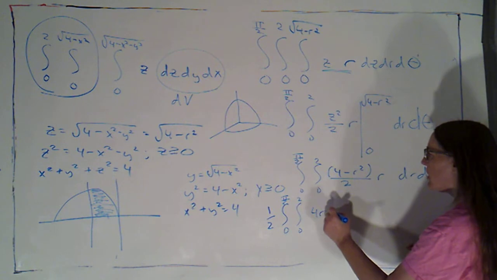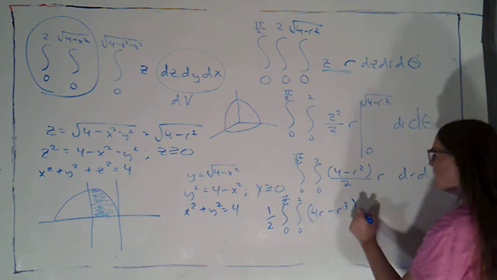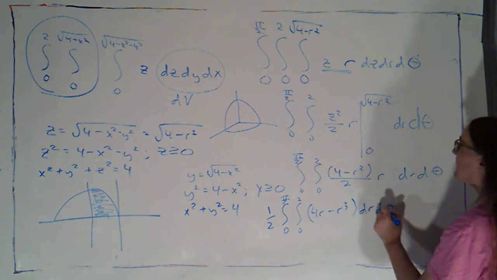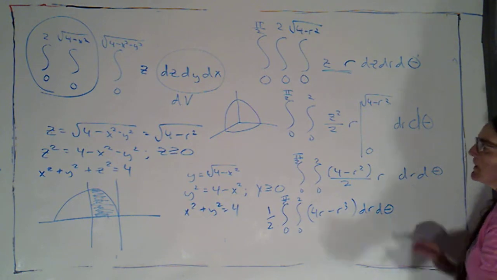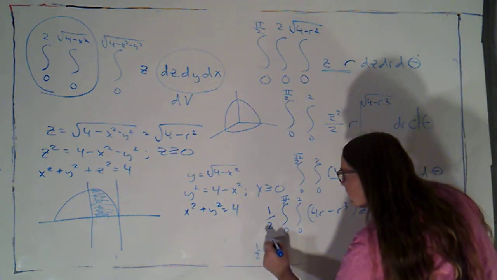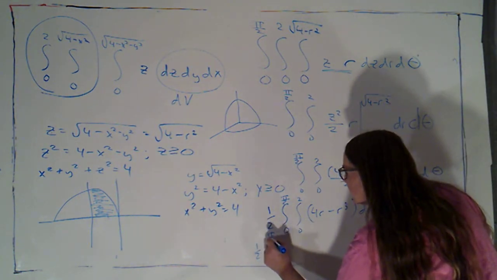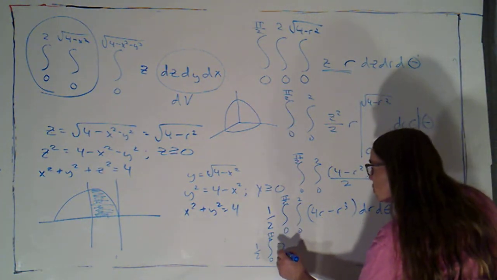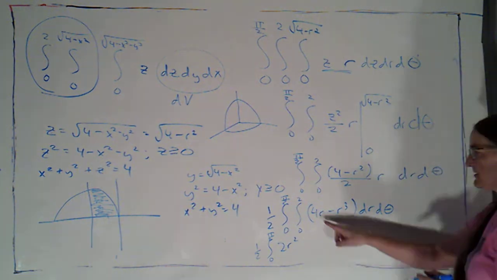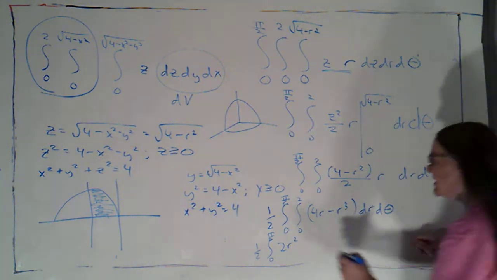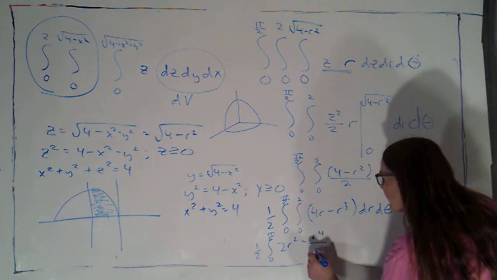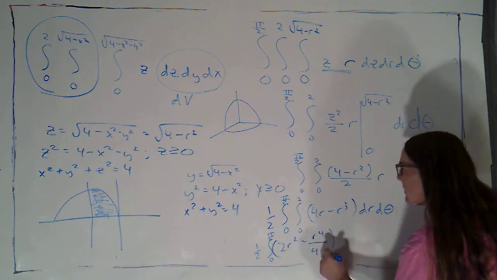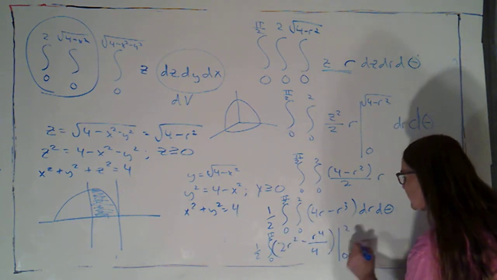So it's 4r minus r cubed dr d theta. All right, so that's 1/2 integral from 0 to pi over 2. The antiderivative here is going to become 2r squared, because it's 4r squared over 2, minus r to the 4th over 4. That's all evaluated between 2 and 0. And then we'll still need to integrate that with respect to theta.